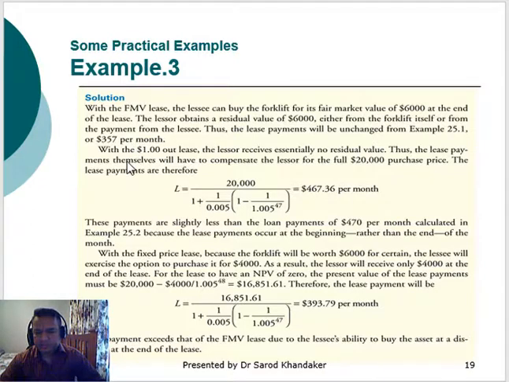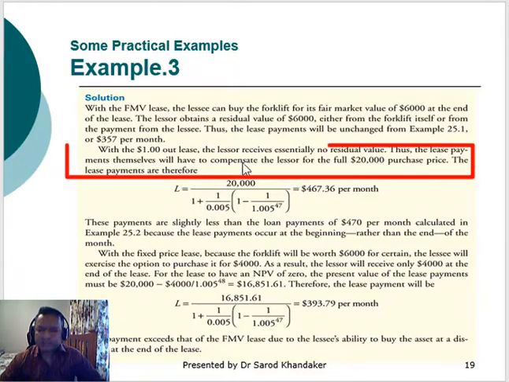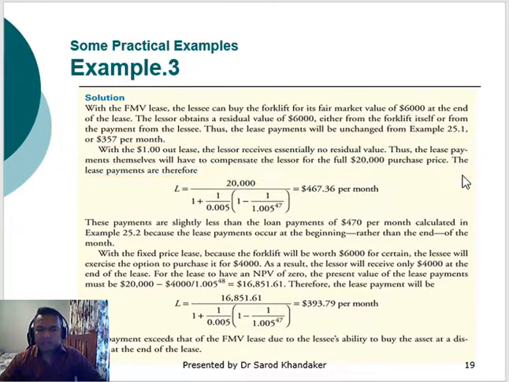You'll find that the lease payment is $357 per month. However, with the $1 out lease, the lessor receives the asset with no residual value, because with the $1, the ownership of the asset will be transferred to the lessee from the lessor. So in this case, the lease payment will be higher than the previous one. The present value of the lease payment should be $20,000.